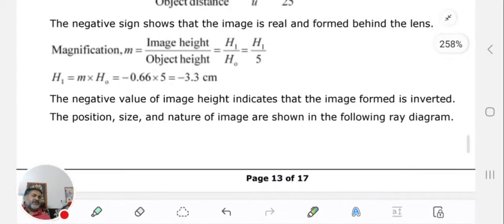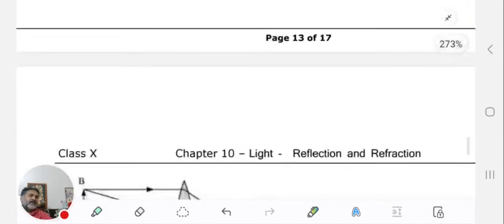So h1 is equal to m into h0, minus 0.66 into 5 is minus 3.3 centimeter. The negative value of image height indicates that image formed is inverted. The position, size and the nature of image are shown in the following ray diagram.